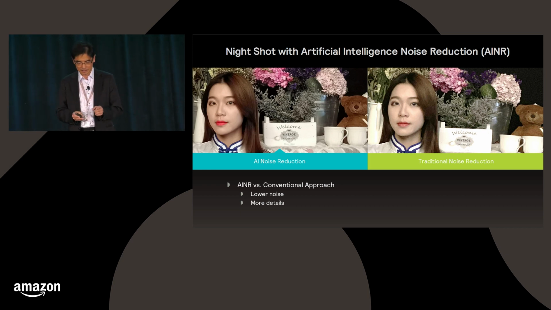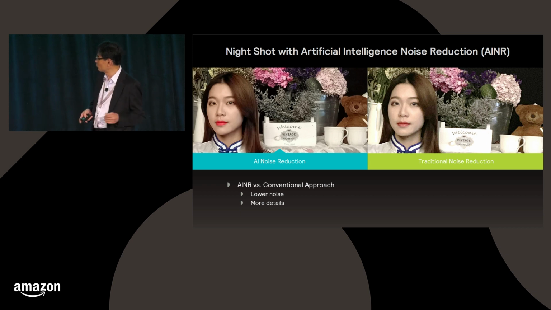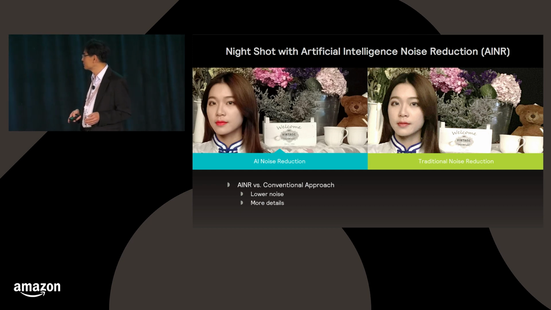You can see the detail of the hair, and also the face, the nose, the mouth, and the eye are much clearer than the left one. And there are many noise contours on the left-hand side. Also, the color saturation is much better for the right one.